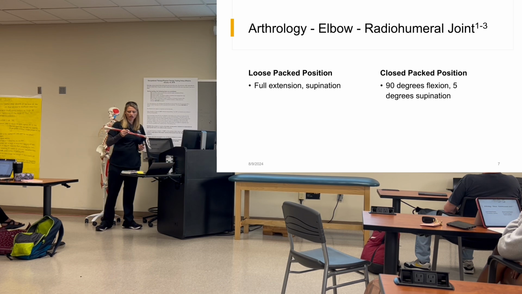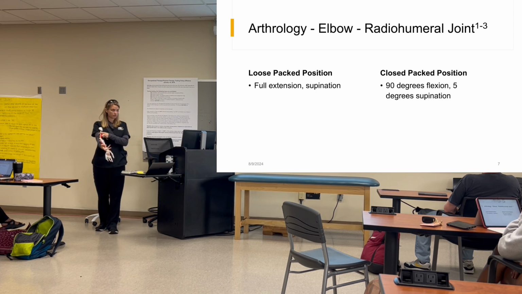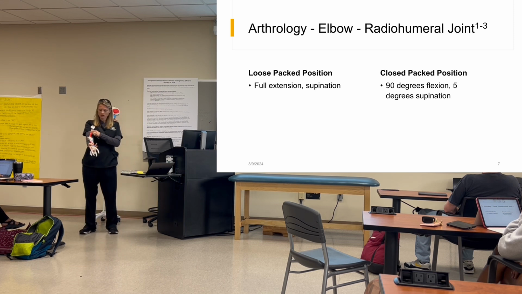So when we're talking about loose pack of the radiohumeral joint, we're talking about full extension, not necessarily hyperextension, but full extension, neutral extension, and supination. I would encourage you to look at that on the model. Put the humeroradial joint in extension and look at the gapping there, versus looking at the gapping when you're flexed.